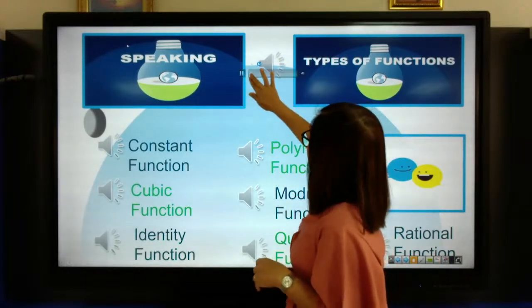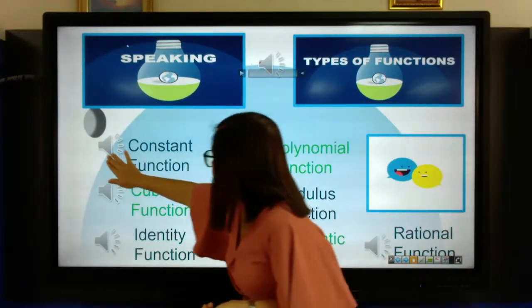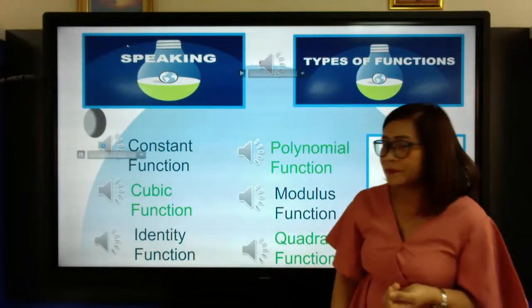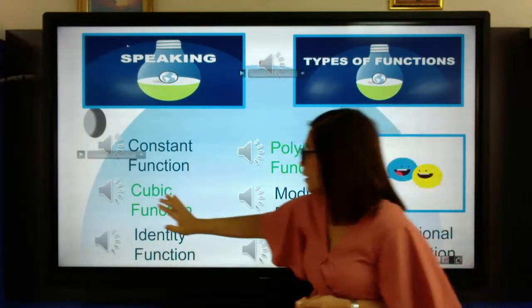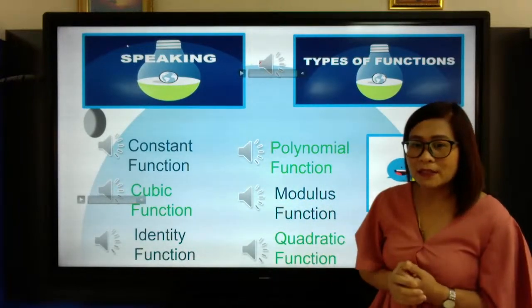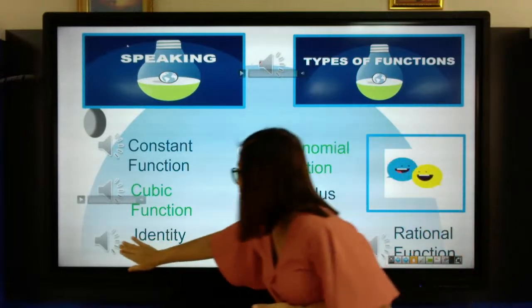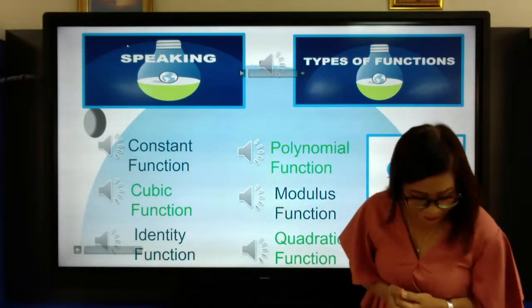Okay, let's see. Types of functions. Please follow types of functions. Next is constant function. Okay, do it. Next, cubic function. Do it. Next, identity function. Okay, your turn.